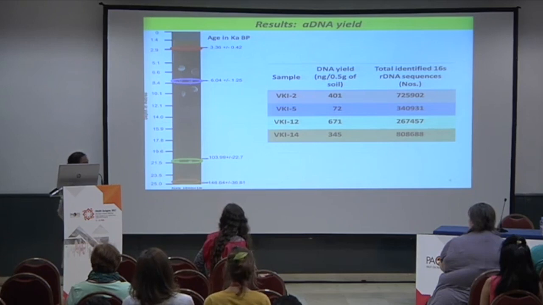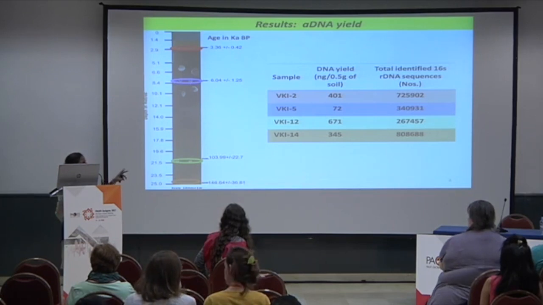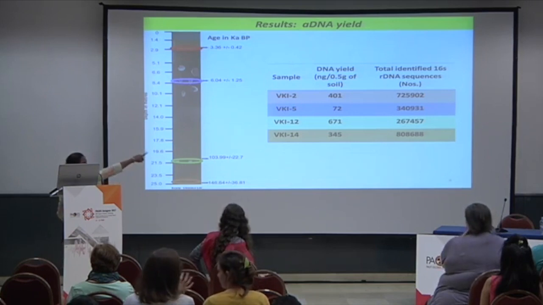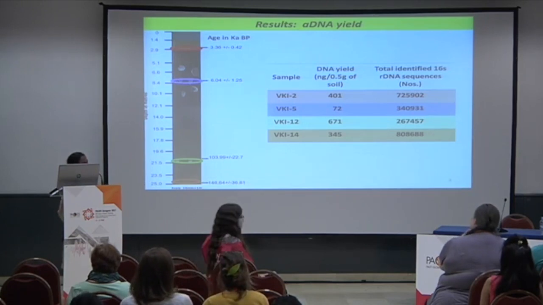Generally, clay has a high affinity towards DNA, and therefore the least DNA recovery was observed in VKI-5. Whereas compared to other sediments, VKI-5, in spite of that, had high species diversity observed.